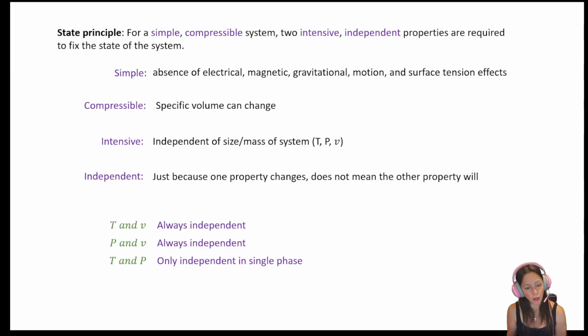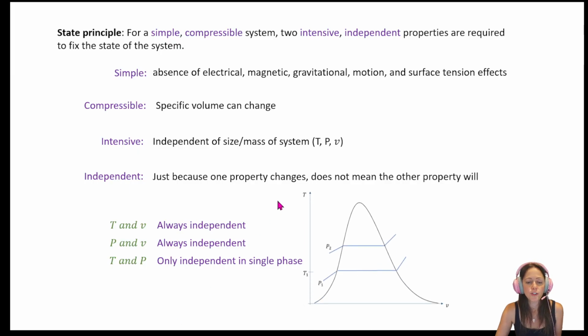Temperature and pressure, though, you have to be careful. If it's in a single phase, meaning all liquid, all vapor, or all solid, they're independent of one another. But if you are in that region of saturation, it does not work. Let's look at this one right here.